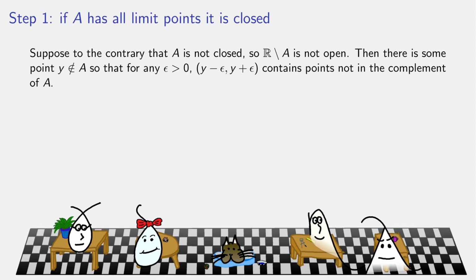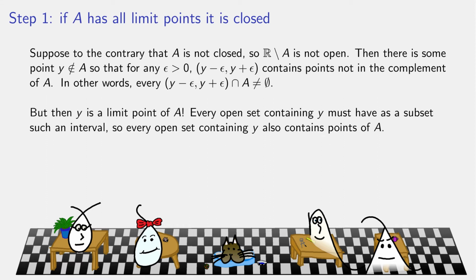Well, if you're not a subset of A complement, you contain points not in A complement, and if you contain points not in A complement, you contain points in A. In other words, there's some point Y so that every interval of the form Y minus epsilon to Y plus epsilon contains points that are in A, which is exactly the definition of Y being a limit point of A. Every open set containing Y must intersect with A. That is the definition of being a limit point of A.